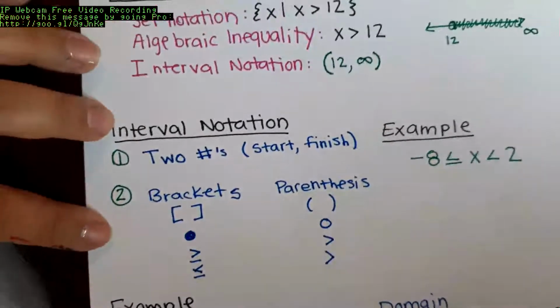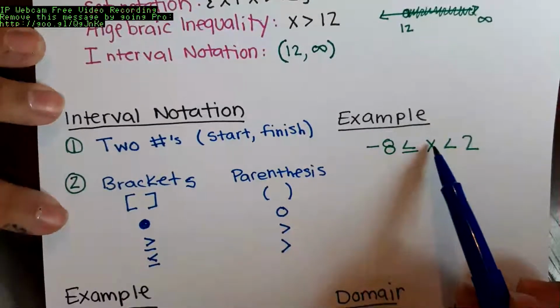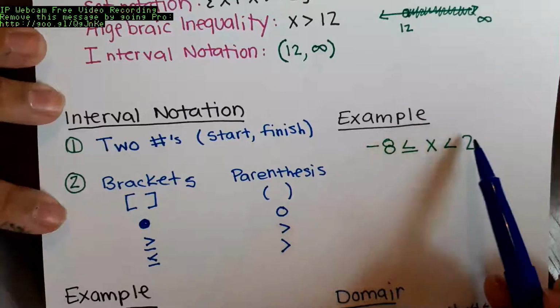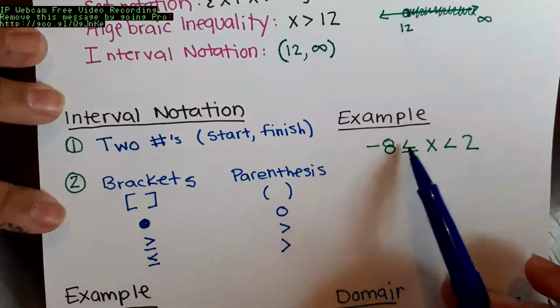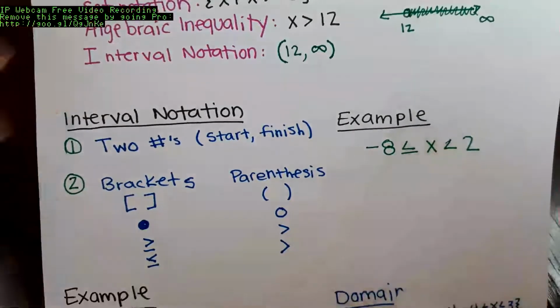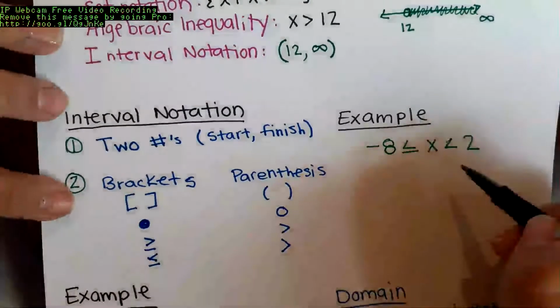So let's do an example. So over here, I have that my x, my domain, is between -8 and 2. So -8 is less than or equal to x, which is less than 2. So let's go ahead and write this down using interval notation.